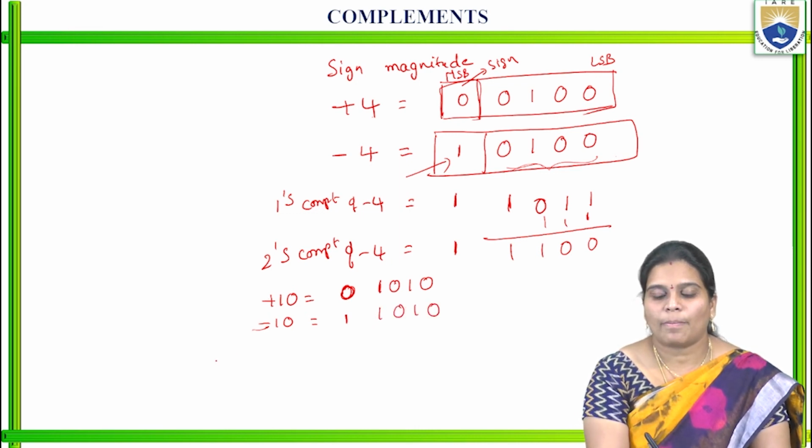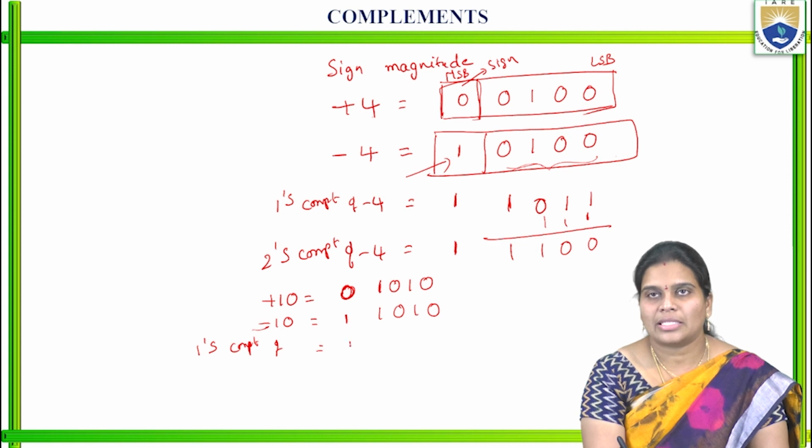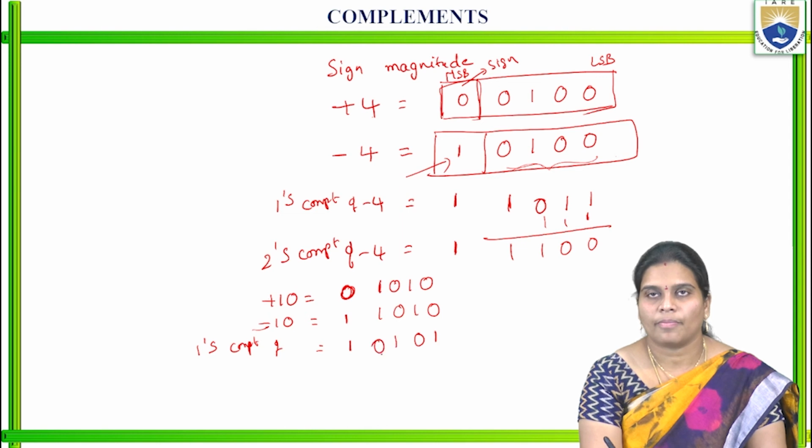So now I want to apply the 1's complement of this one. As it is, the same sign, same MSB bit, we are writing. So we are not disturbing that sign value. Only we are applying the 1's complement of this resultant value. So 0's will change to 1's, 1's will change to 0's.